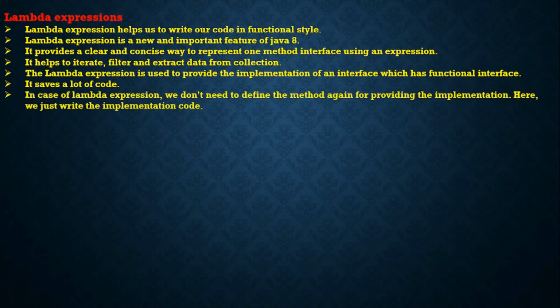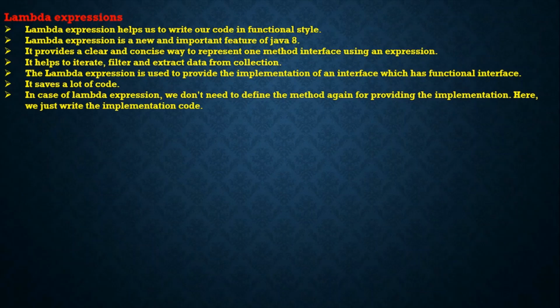Lambda expression, in another word, is a kind of anonymous method, you might have heard. We are going to provide the implementation to the functional interface method, like an anonymous inner class, but without writing the implementation method.